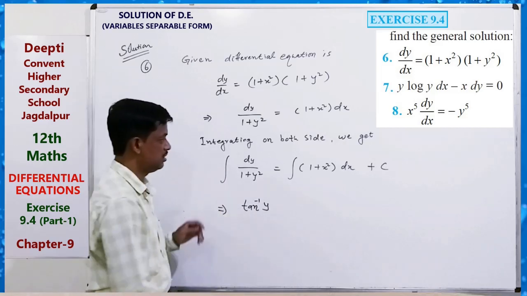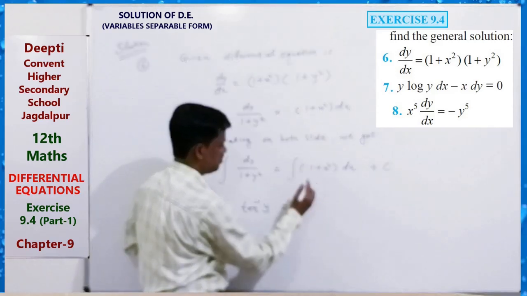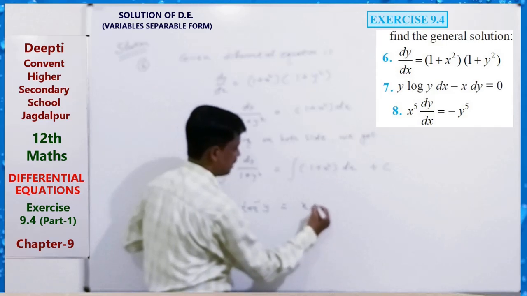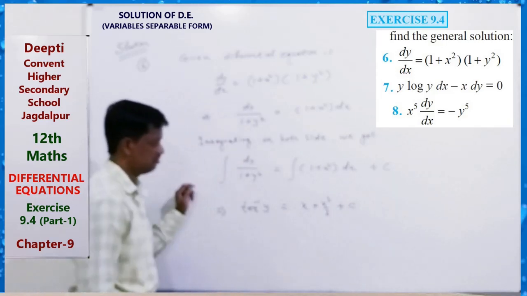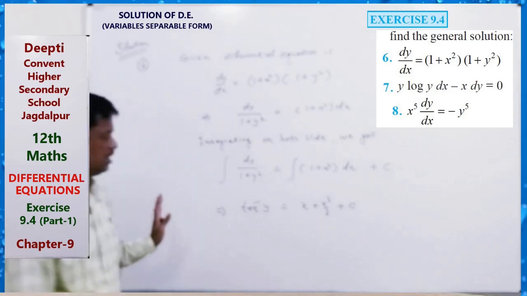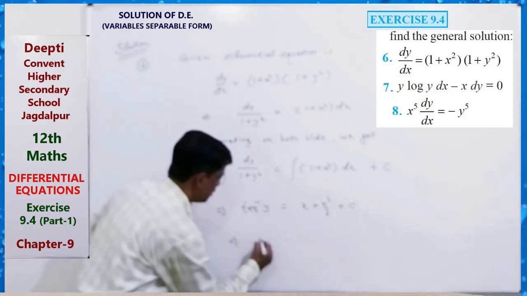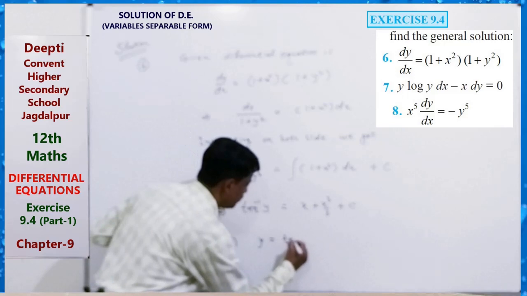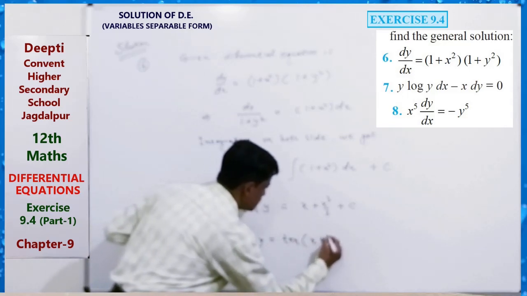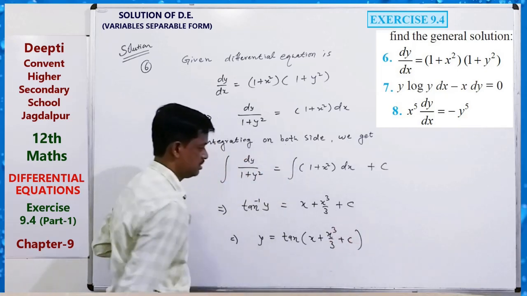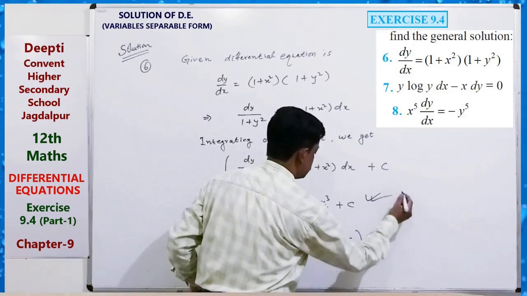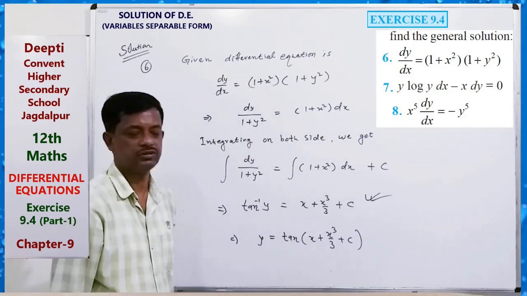Tan inverse y equals x plus x cube by 3 plus c. So this is the solution. Also we can write y equals tan of (x plus x cube by 3 plus c), where c is a constant. Either form is the required solution.